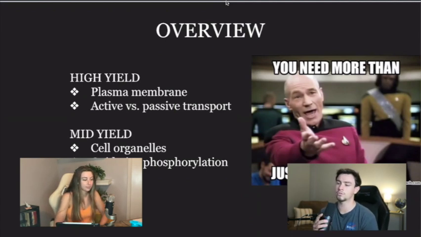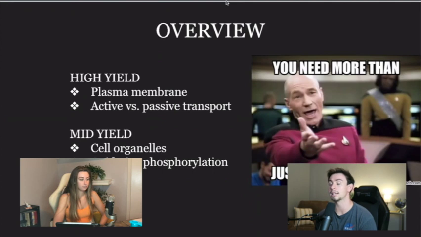As far as the mid yield stuff, because we're not really going to expand on it, I'll tell you what you need to know really briefly, and then Maggie, you jump in and disagree with me or correct me. So as far as the cell organelles go, you really just need to know the general basics for them. You need to know that a ribosome cranks out proteins. You need to know the difference between the rough ER and the smooth ER, which is that the rough ER is actually the source for making proteins.